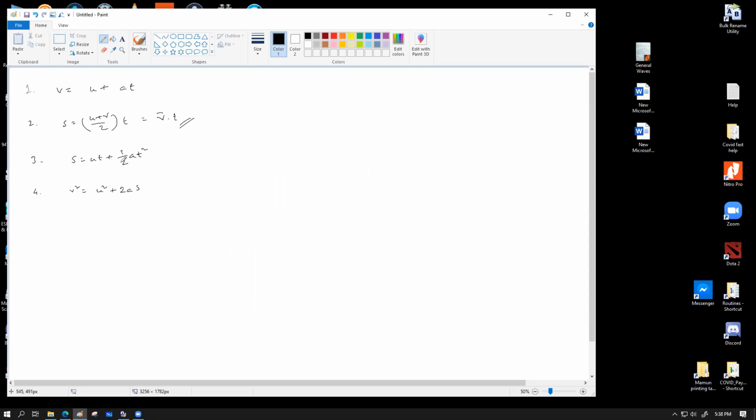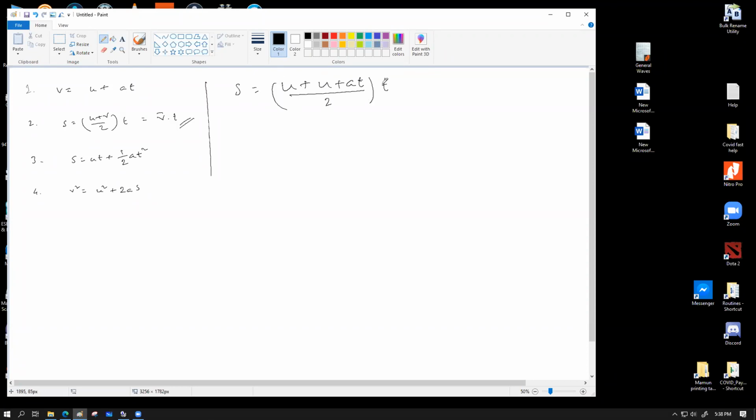This is actually pretty simple. If I try and derive this, it can look like this. We're trying to calculate s equals ut plus half at square. So what I'm going to do is replace this v in this place. If I go ahead and do that, s equals (u plus at) divided by 2 into t.